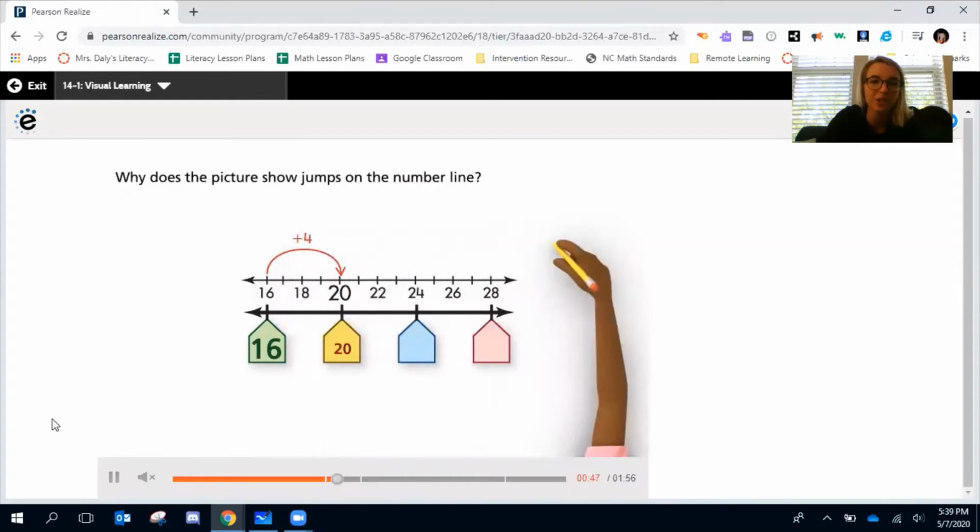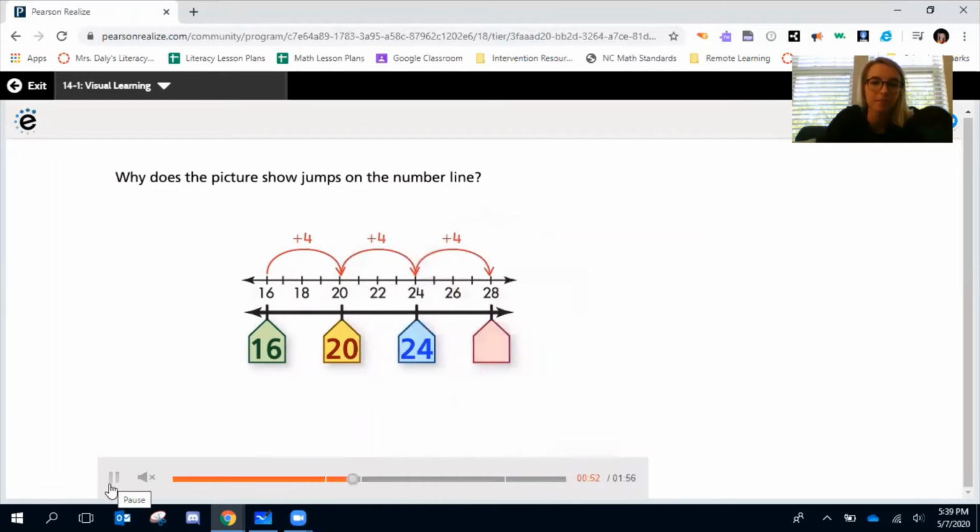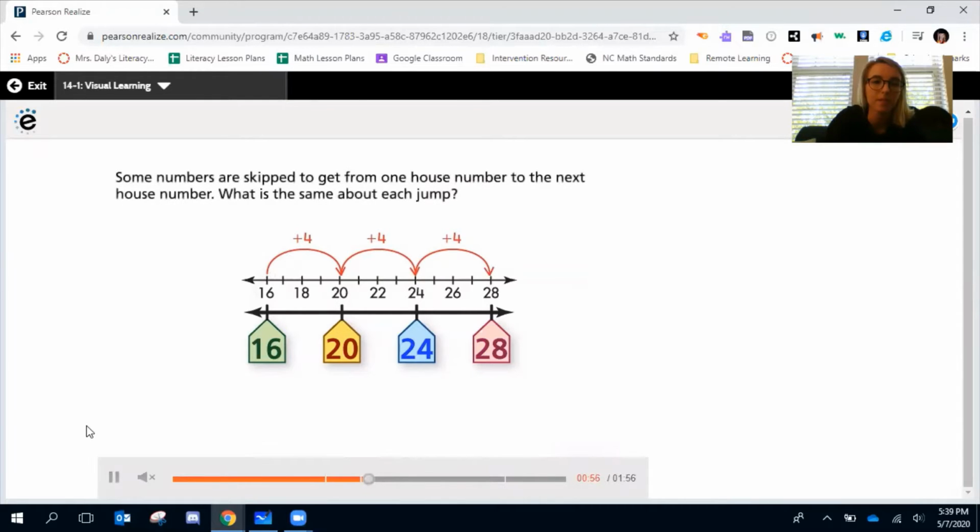Why does the picture show jumps on the number line? Some numbers are skipped to get from one house number to the next house number. What is the same about each jump? Each jump adds 4. The next 3 house numbers are 20, 24, and 28.